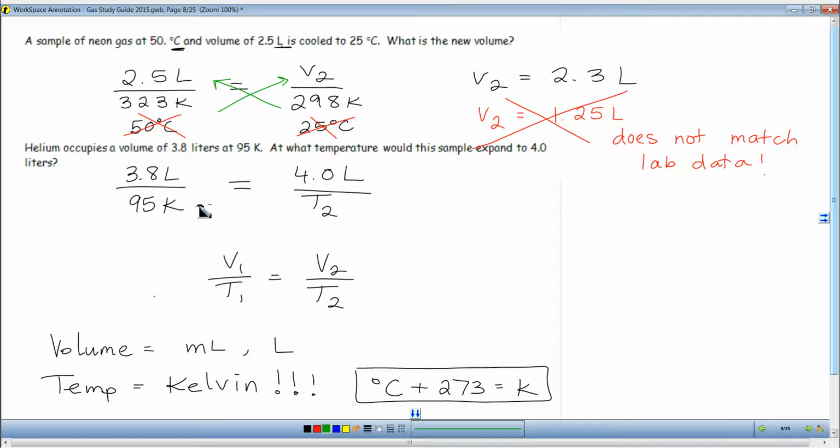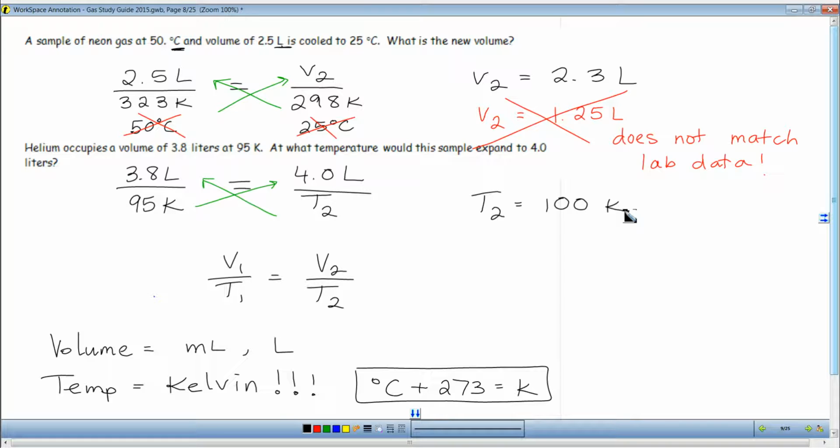So I'm going 95 times 4 divided by 3.8. T2 is like 100. Boom, got it. There she is. So these gas laws are great.